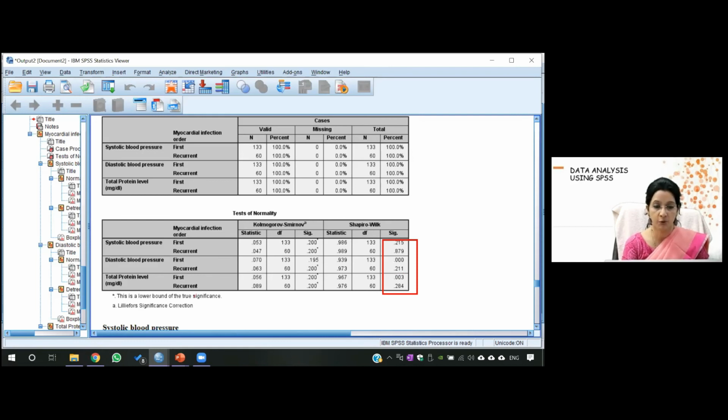If you see the total protein level, the first order of MI is not normally distributed because it is 0.003. And the recurrent is normally distributed because the p-value is 0.284.